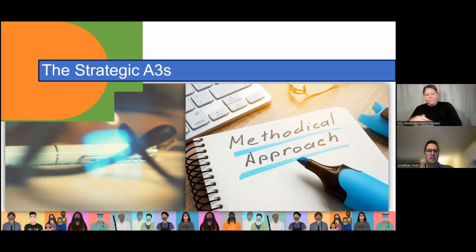So to stay organized with these strategic initiatives for CDPH, we're using A3 methodology and linked checking. As a quick refresher for those of you who know A3s, or a quick overview for those who don't, an A3 is a problem-solving structure and methodology, and it can be broken down into three main areas. The first part is to use a standardized template that supports visual management and communication of problem solving across the organization.